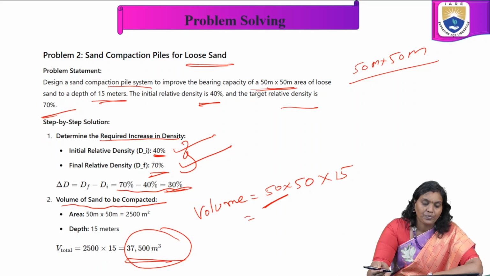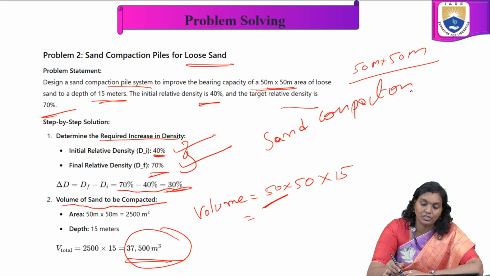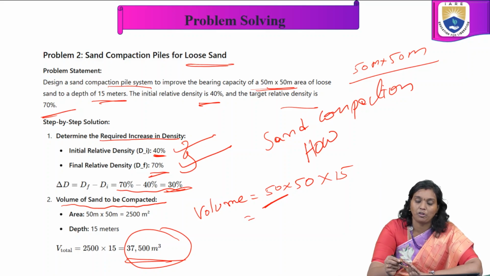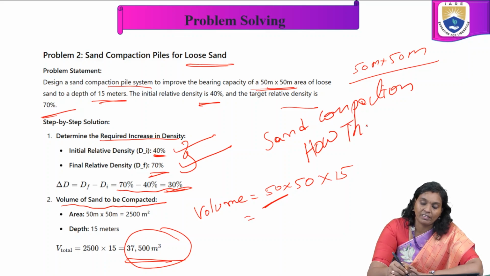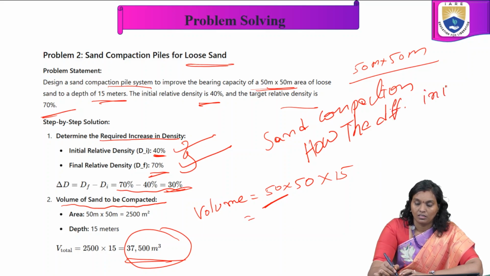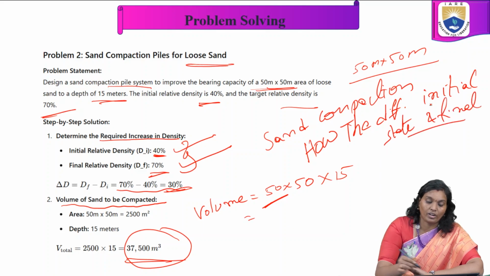So these are the steps involved in sand compaction in this particular problem statement: how much of the property is required, whether it may increase or decrease, whatever it may be. The difference between the initial state and final state is the important thing.